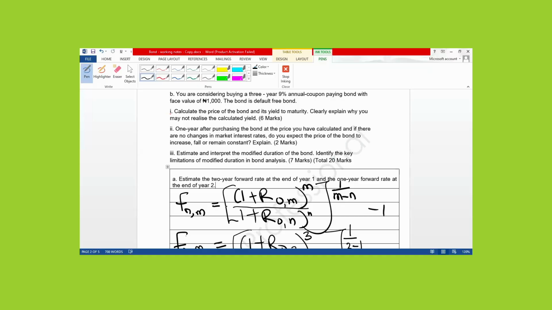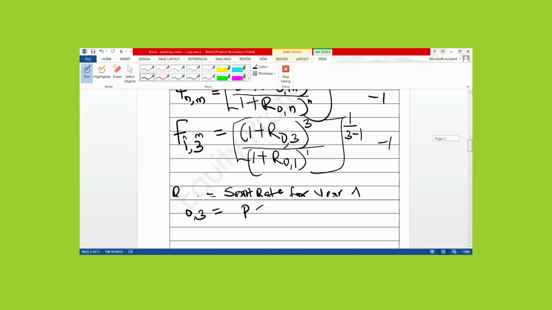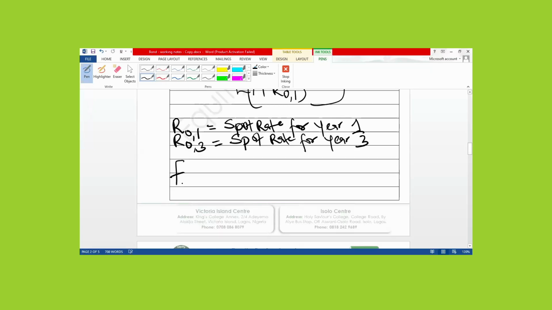The formula becomes F(2,3), the 1-year forward rate at the end of year 2. Year 2 is the commencement year. Year 3 is the maturity year.